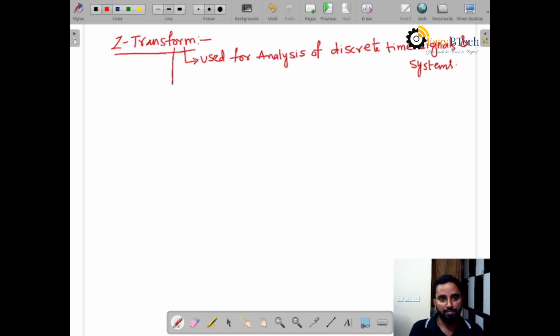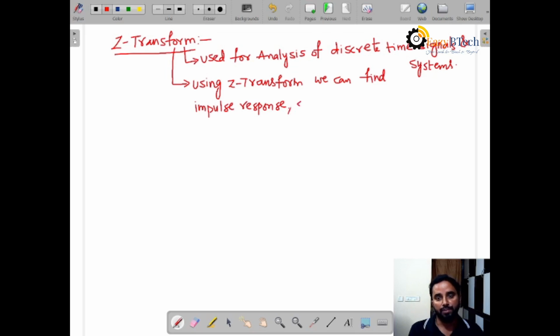And using the Z transform, we can find the impulse response and the system function of discrete time LTI systems.